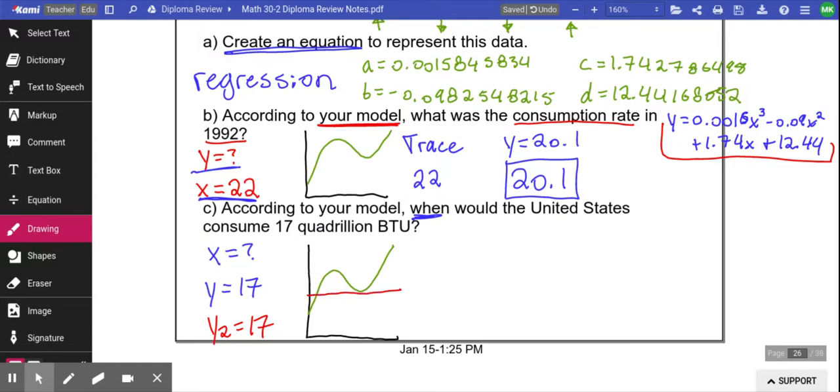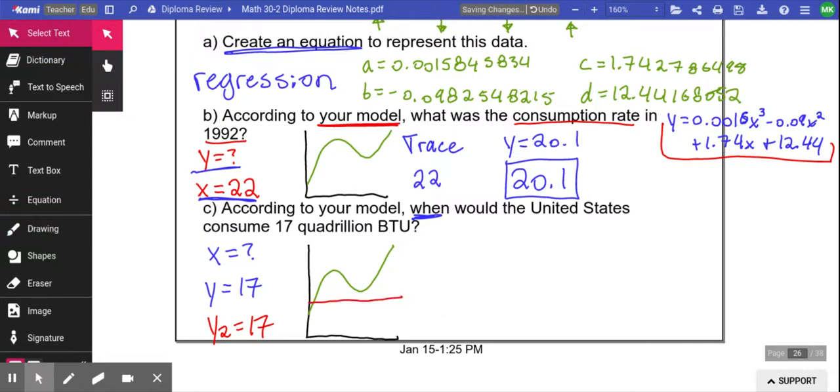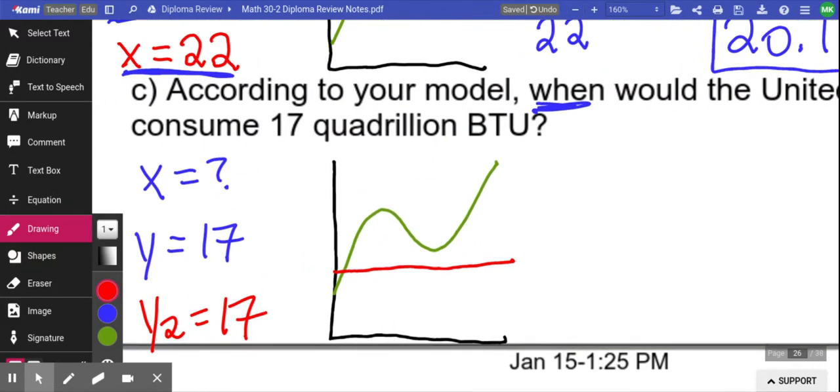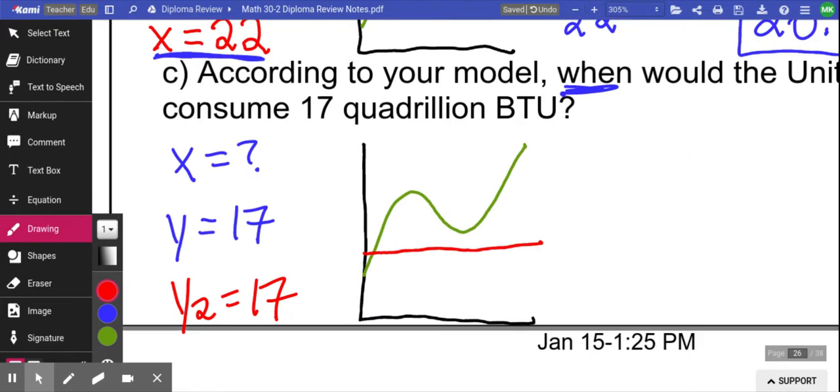That's not that bad. And it does only touch our graph once, which is perfect because it makes our life way easier instead of having to figure out which one it wanted. You'll notice when you look at your graph, the green line is the rate of consumption. The red line is 17 BTUs. You want to figure out where they cross each other, right there.